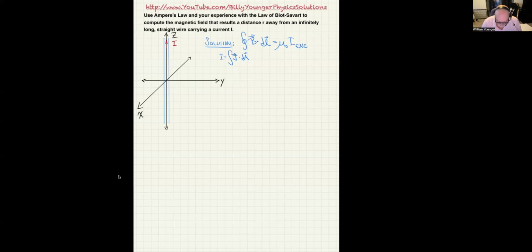So I wanted to give you an idea of how we're going to go about using that, but the trick to using Ampere's law is one, if you're going to use Ampere's law the way I'm teaching you right now, that means you're planning on using the closed integral of B dot dl equals mu zero I to compute what B, the magnetic field, is.